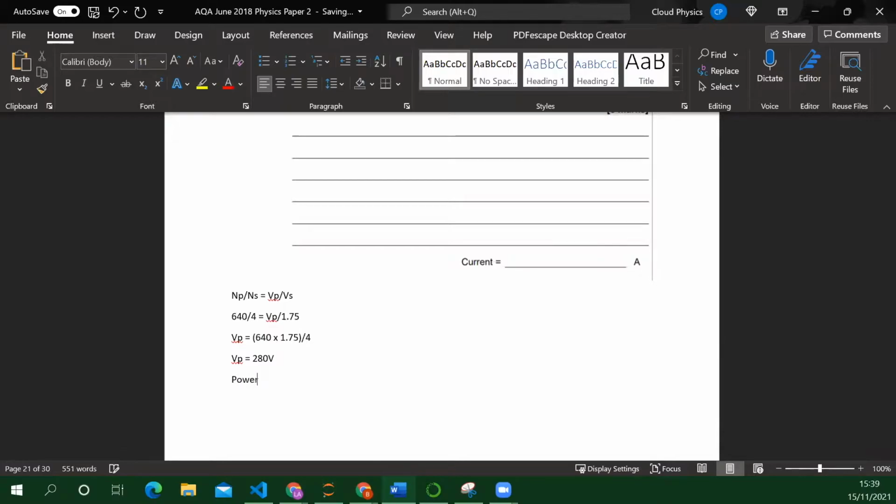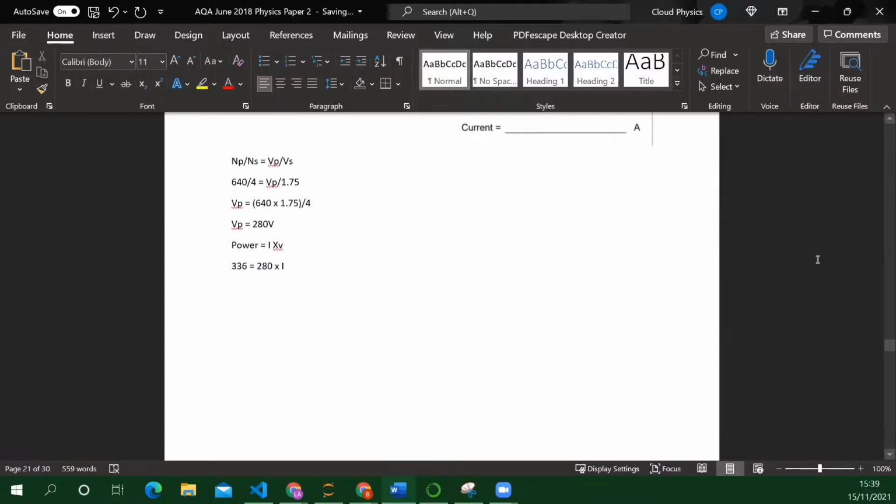Okay, now that's a voltage. I want the power. P equals I times V. So we know the power is 336 watts, which is 280 times I. We don't know I. Scroll down a bit. So I is equal to 1.2 amps. Okay, we're given the unit there.